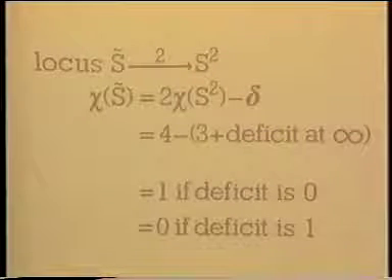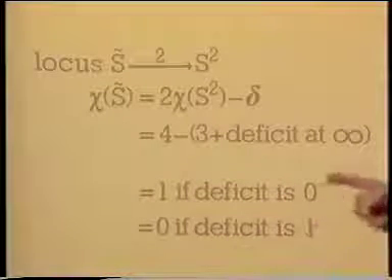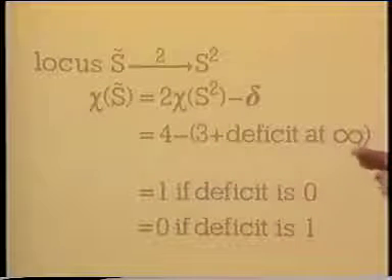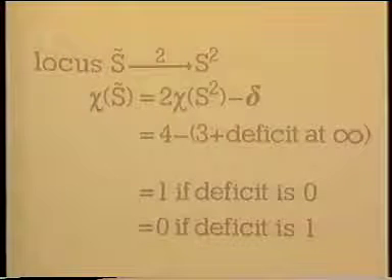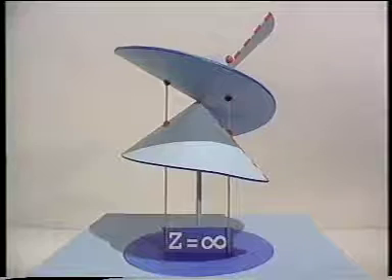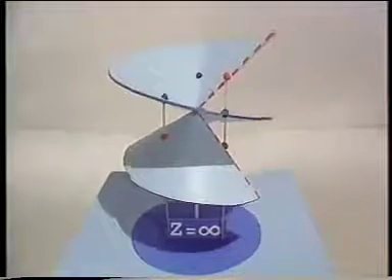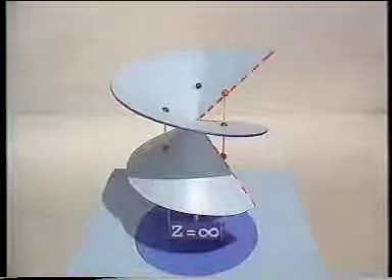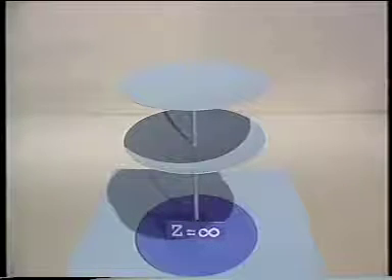Therefore, the Euler characteristic of the cover is either 1 or 0, depending on whether the deficit at infinity is either 0 or 1. The deficit will be 1 if there's a branch point over z equals infinity. And it'll be 0 if the locus is a regular double cover at infinity.